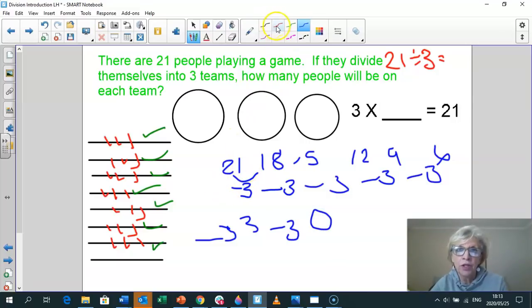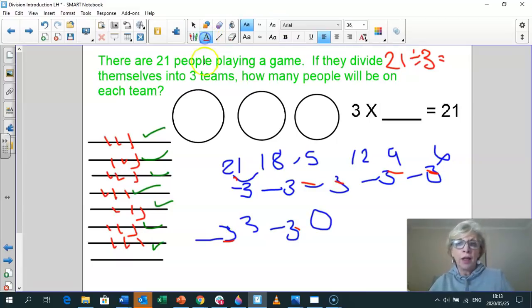So I have got 1, 2, 3, 4, 5, 6, 7 minus 3s, and so now I think we can be convinced that the answer is actually 7.